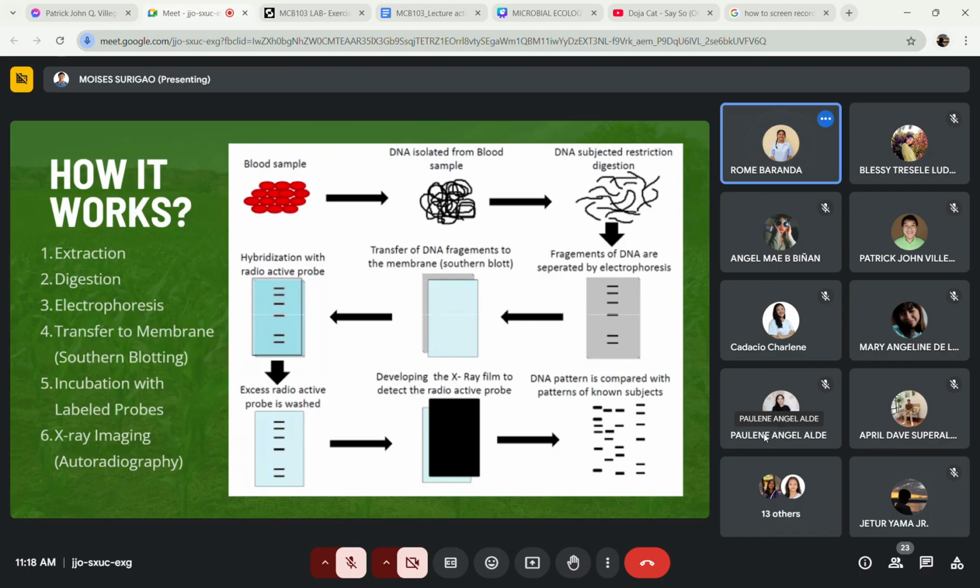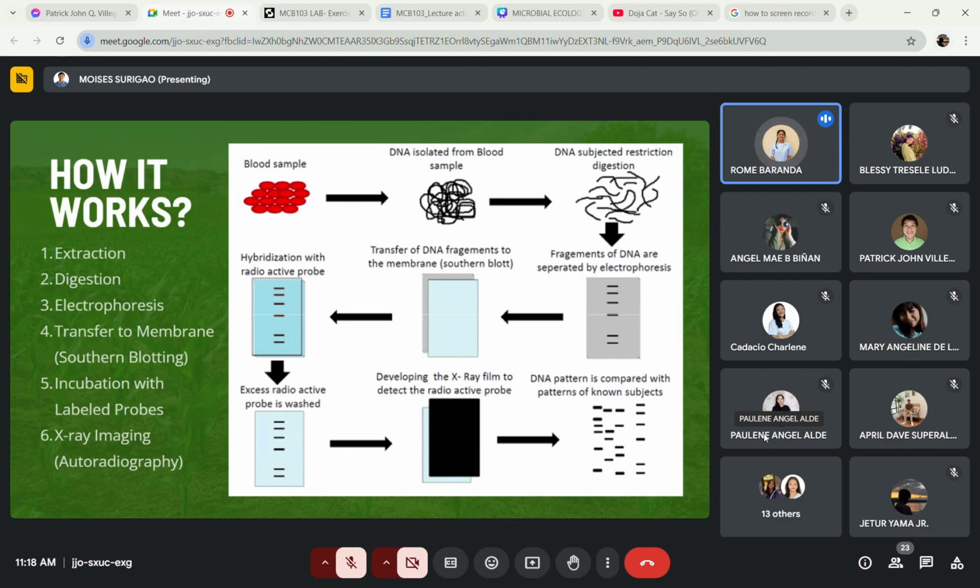So, after ng X-ray imaging, makita natin na yung DNA pattern. Ayan yung mga bands, yung mga block na parang ano. And that bands or yung mga pattern na yan is actually yung DNA fingerprint. So the resulting DNA fingerprint consists of pattern of bands unique to the individual from whom the DNA was extracted.